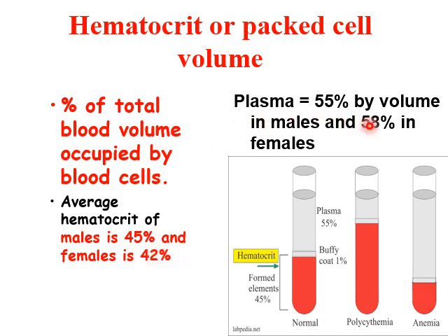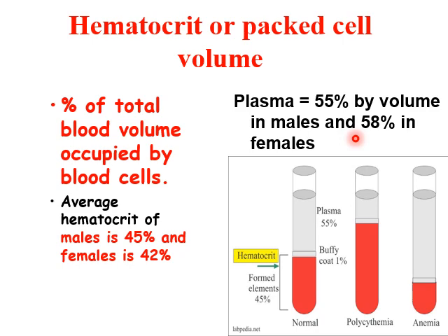It will be 58%. If you take 100 ml of blood, in it 45% is cells and 55% is plasma, okay. And if you take 100 ml of blood in females, 42% will be the hematocrit or the percentage of RBCs, and the other 58% will be the fluid portion. Okay, the whole 100% is done.